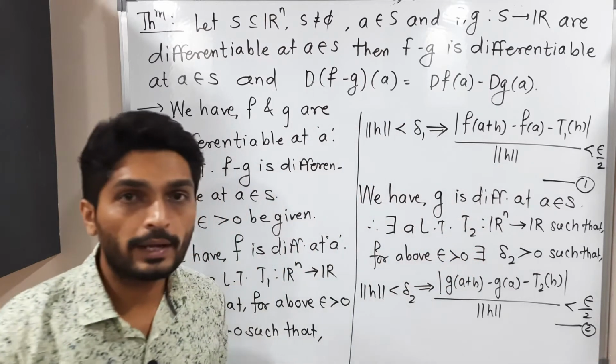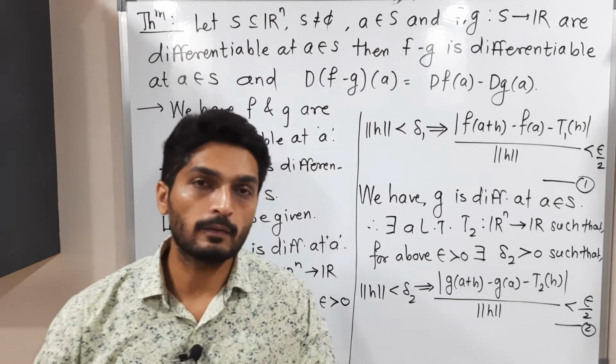Actually in the definition we have epsilon; epsilon by 2 is our adjustment.